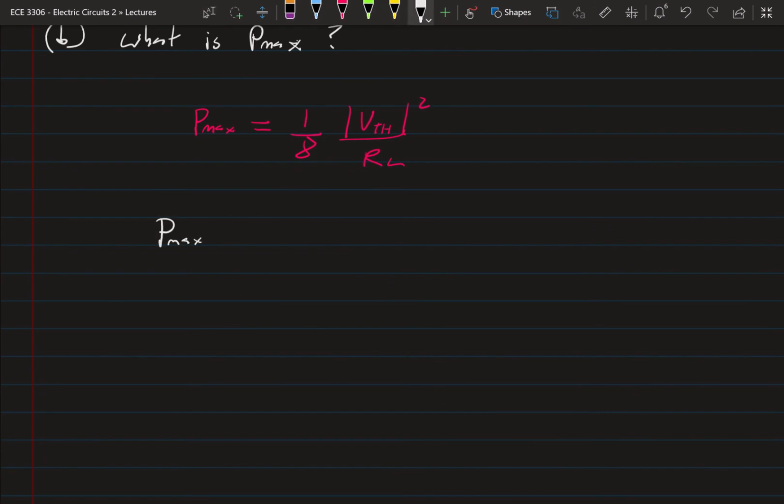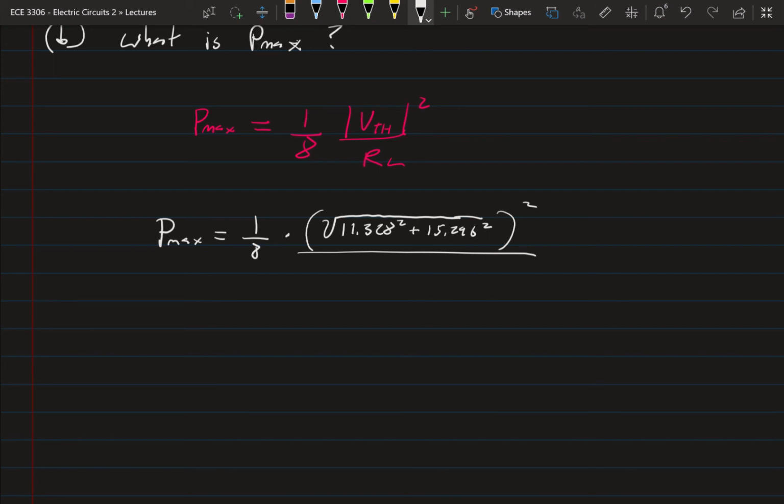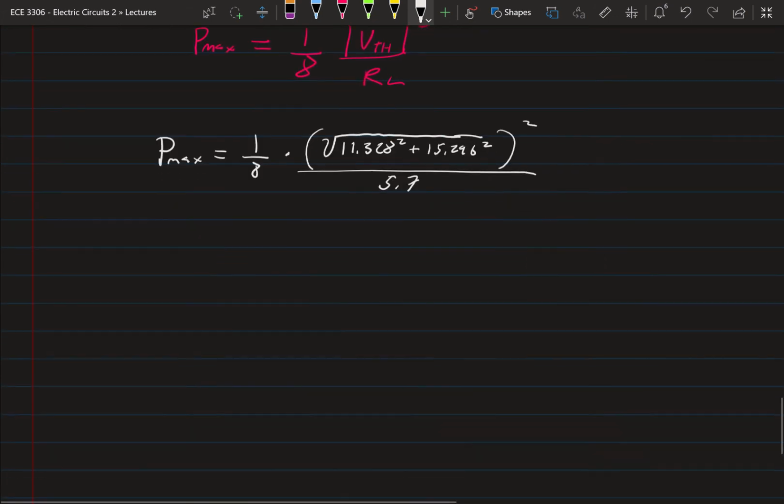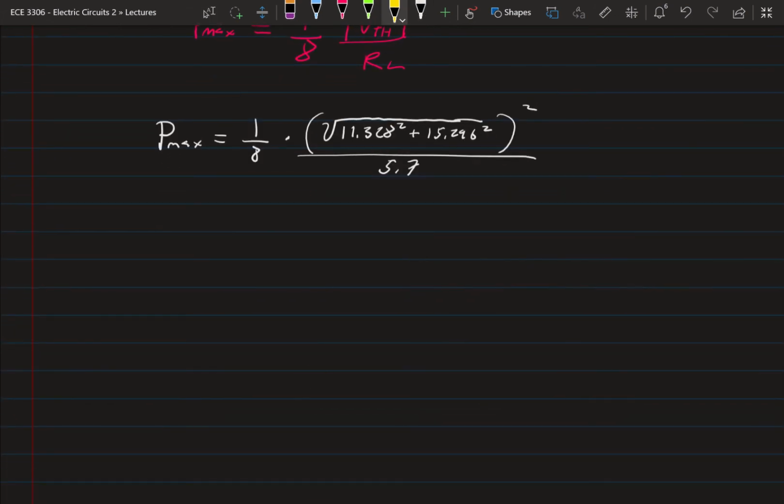So Pmax is equal to 1/8 times the magnitude of VTH, so that's going to be 11.328 squared plus 15.296 also squared, that whole thing over the real component of our impedance. So it's going to be over 5.72. So when you punch that in your calculator and simplify, you'll get our final answer here.